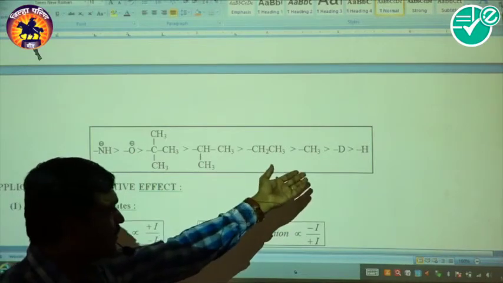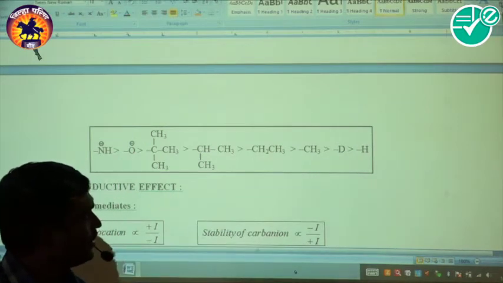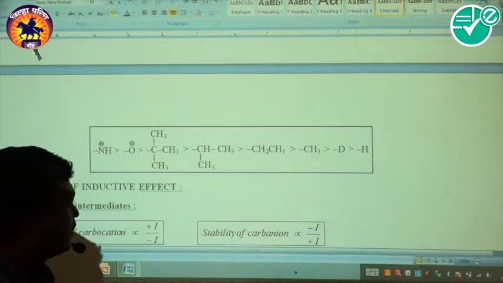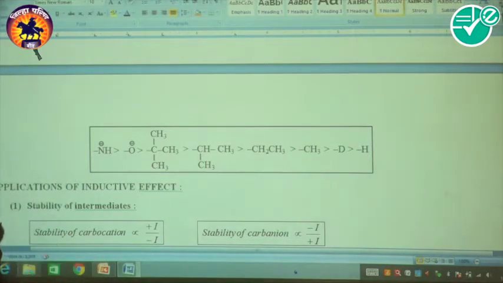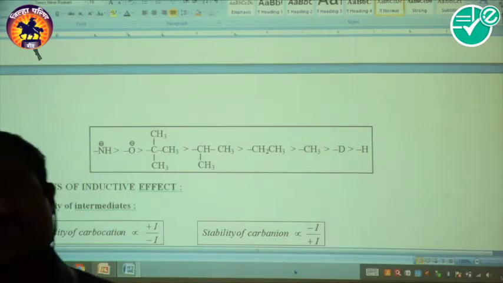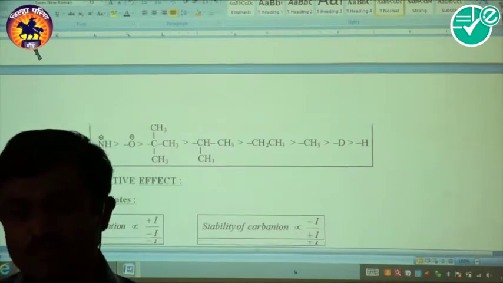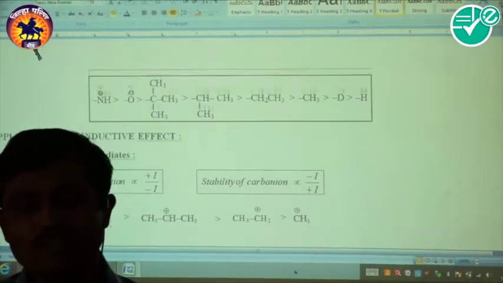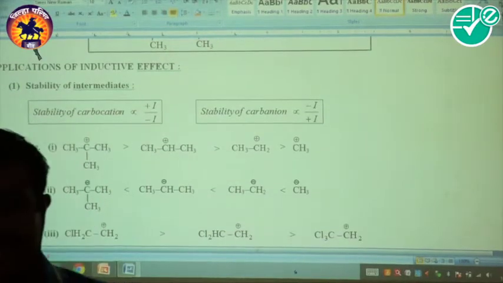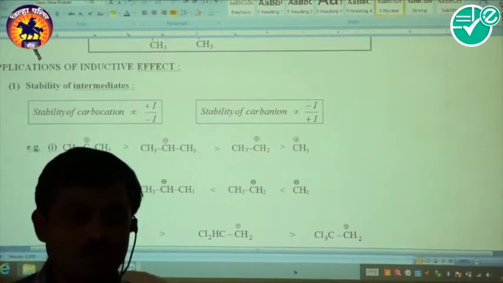Now well known, if you consider some examples, deuterium has more positive inductive effect than hydrogen. So in this way the inductive effect and its application is very important, because on the basis of that application we can give some idea of the stability of some intermediates.